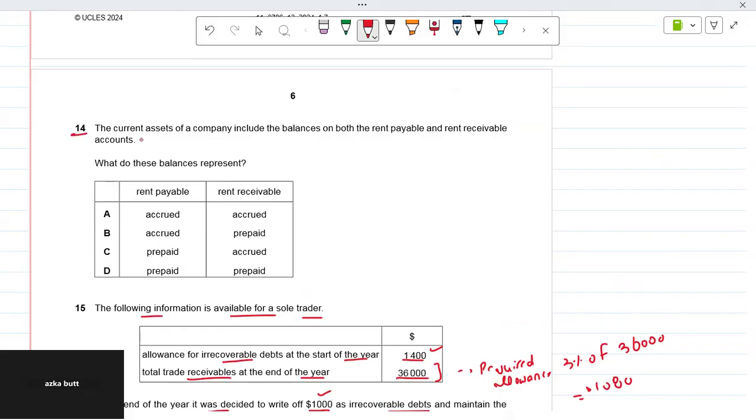Question number 14. The current assets of a company include the balances on both the rent payable and the rent receivable accounts. So what do these balances represent? Okay. So basically, this is the current assets.